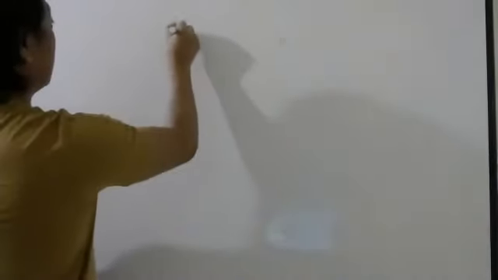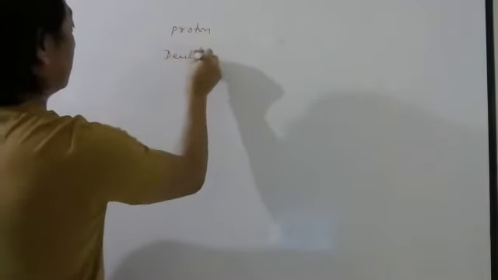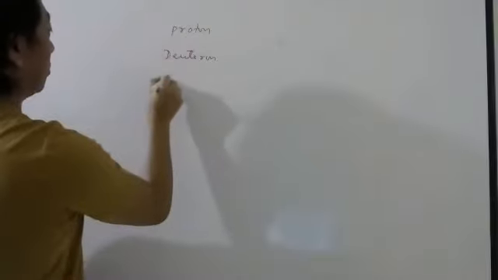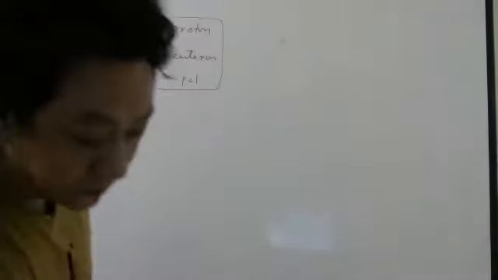See question number 4. If a proton, deuteron, and alpha particle are accelerated by the same potential difference and enter perpendicular to the magnetic field, then find the ratio of their kinetic energy. So the three particles are proton, deuteron, which is an isotope of proton, and alpha particle.